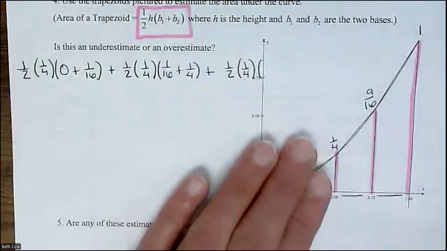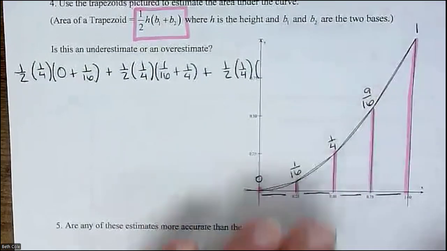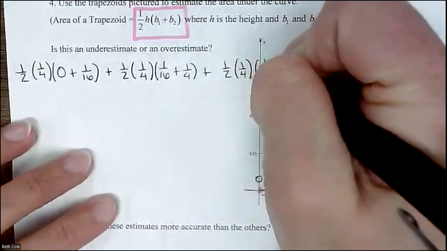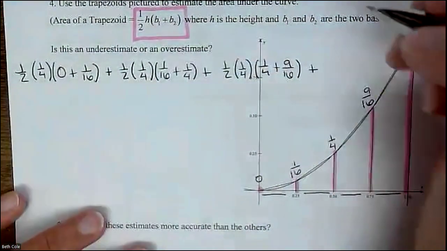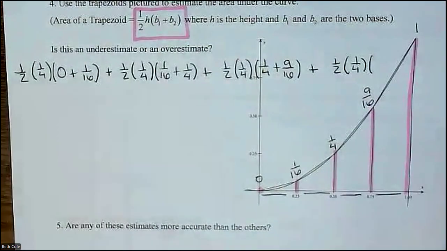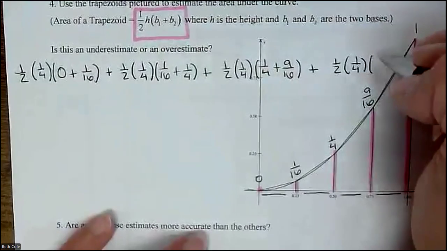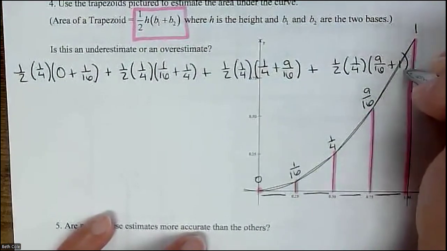And then look just at the third one. What are you going to add together? 1/4 and 9/16. And then last one, I think I might be able to make this fit here. 1/2 times 1/4. And then what would you add together for the last one? And 1. Perfect.